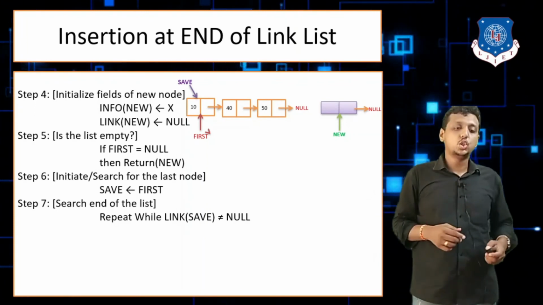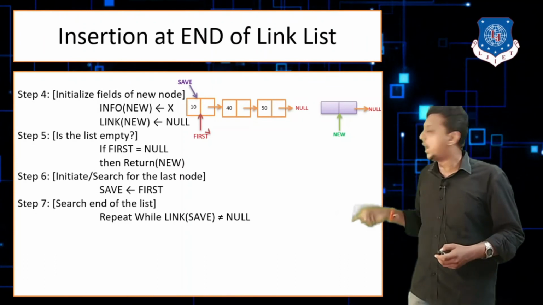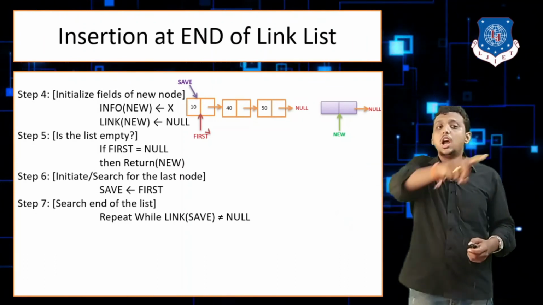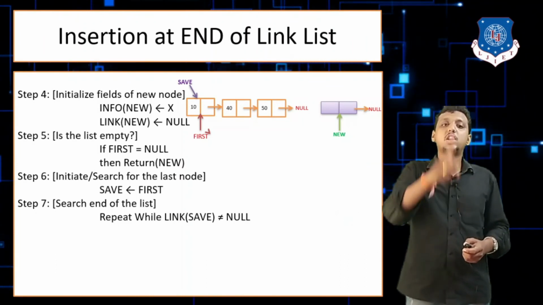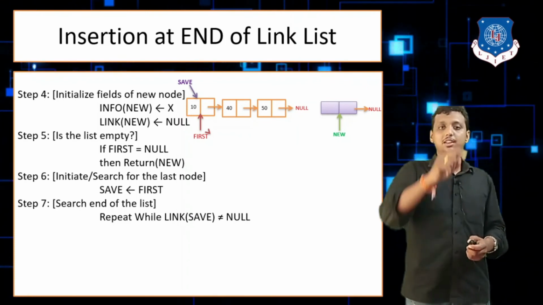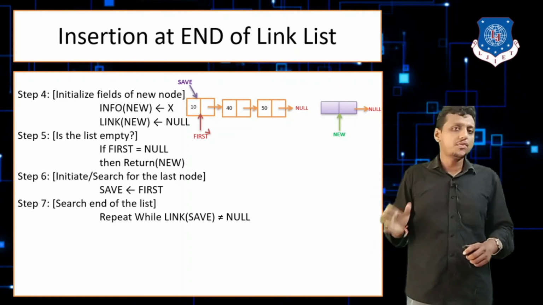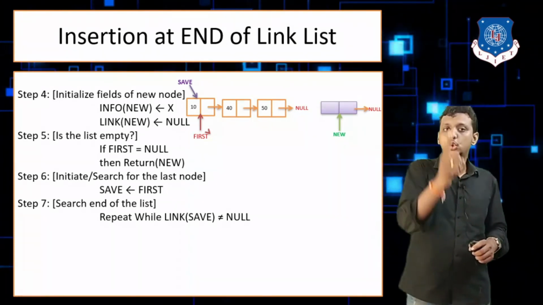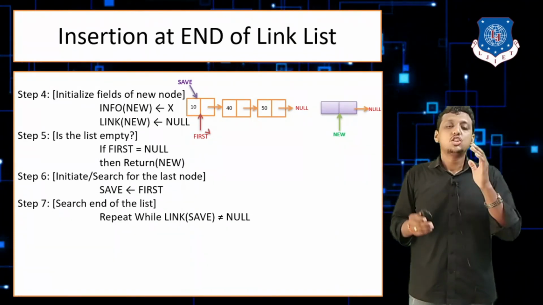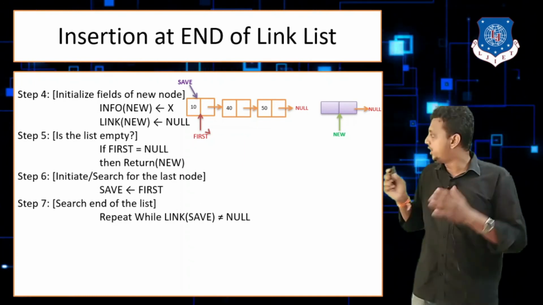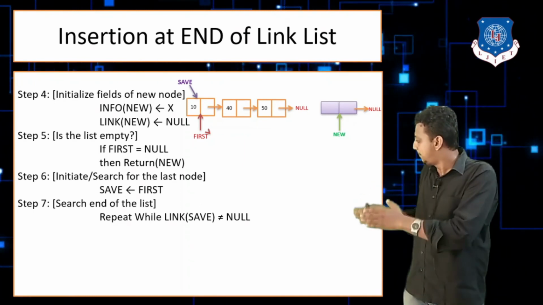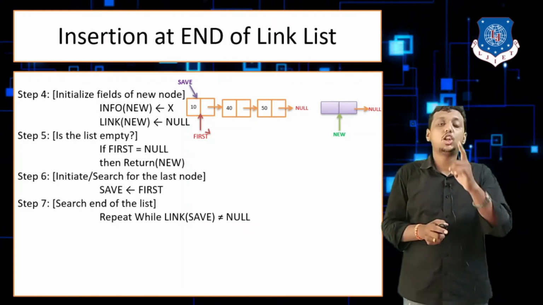Okay, so we are going to do that. How? Repeat while the link of save is not equal to null. So students, repeat while and until your link of save is not equal to null. I have already written the condition: repeat while link of save is not equal to null.